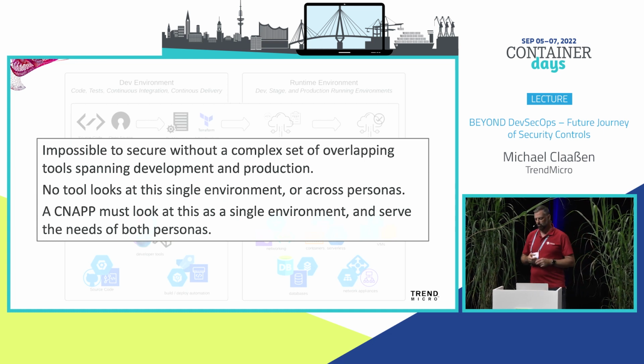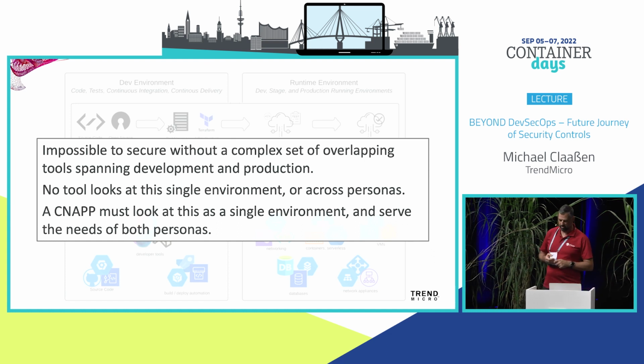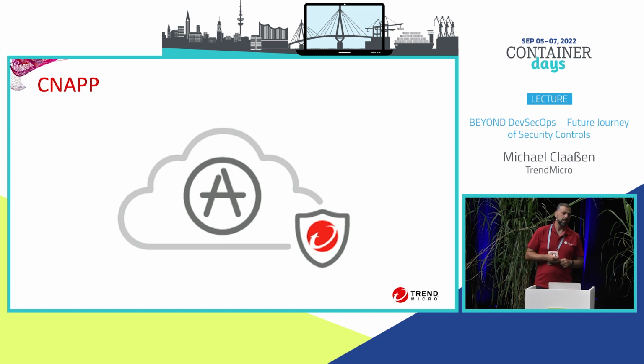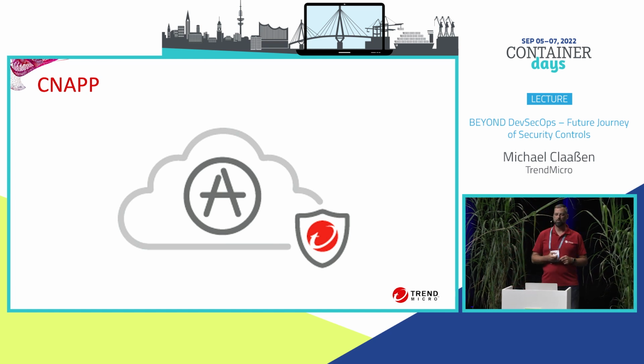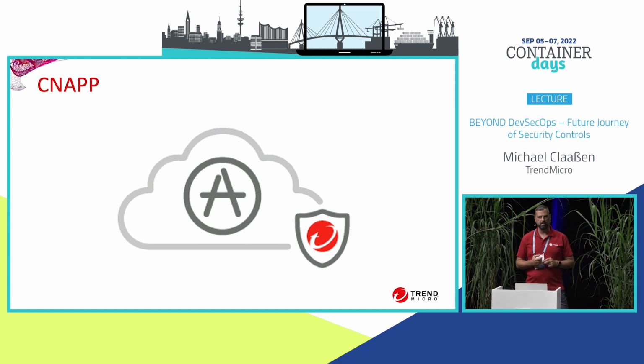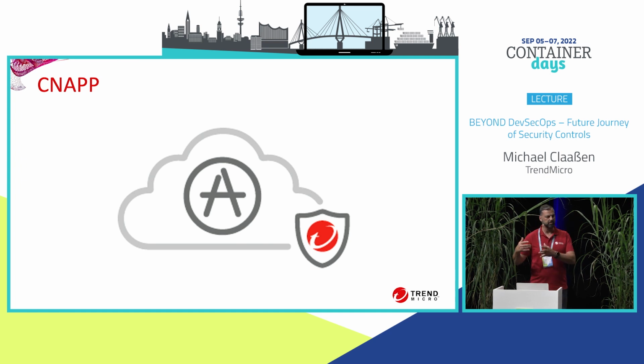And in August 2021, Gartner identified CNAPP, the Cloud Native Application Protection Platform, as the way to do this single pane of glass and the application risk assessment view on my cloud-native applications in the end.